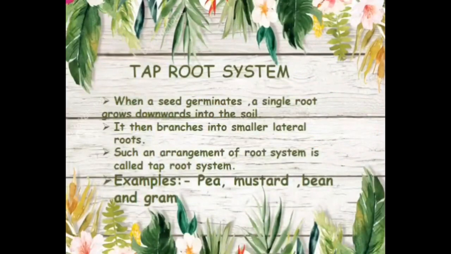When a seed germinates, a single root grows downward into the soil. It then branches into several smaller lateral roots, which may also be called secondary or tertiary roots. Such an arrangement of the root system is called a taproot system. You can see the examples given here: pea, mustard, bean and gram. These are the examples of the taproot system.